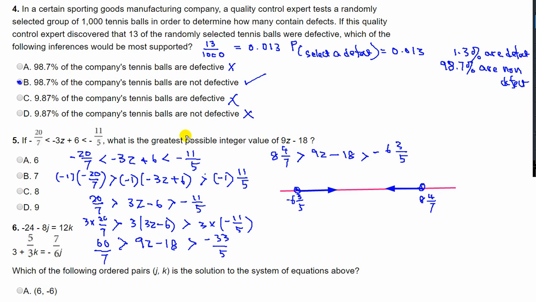Now the question says what is the greatest possible integer value. So you see, this is not an integer, this is slightly bigger than 8, about 8.5. So the value that is possible is the value here, which is 8. That is the largest integer that is allowed in this inequality. So the answer would be C. Now let's proceed.